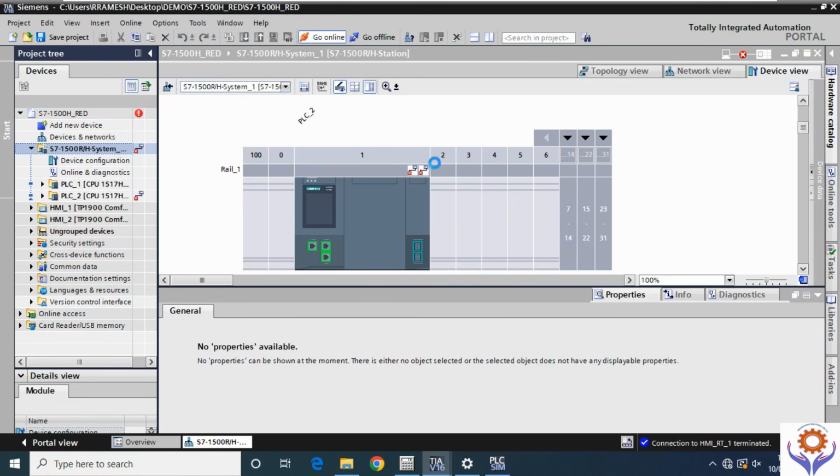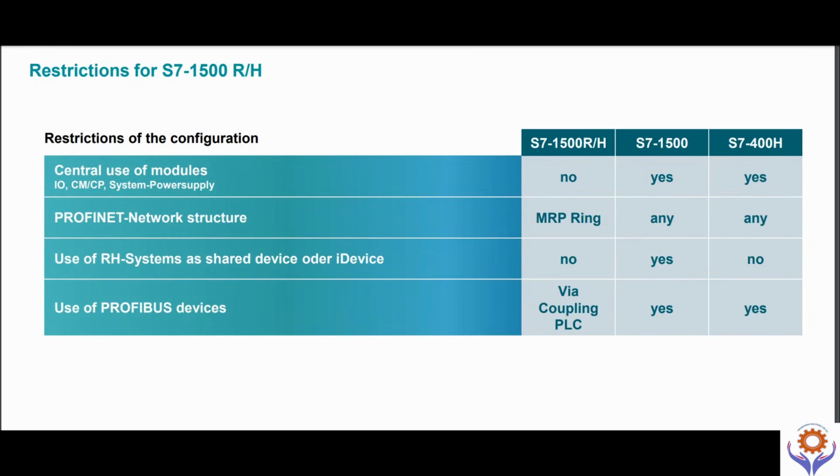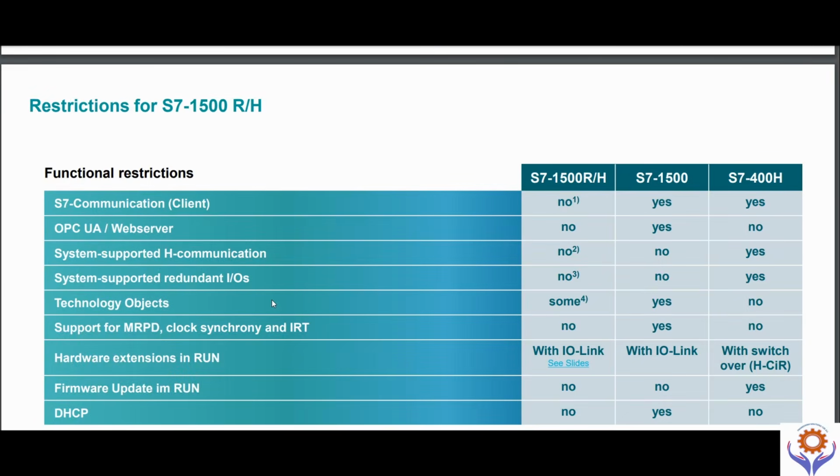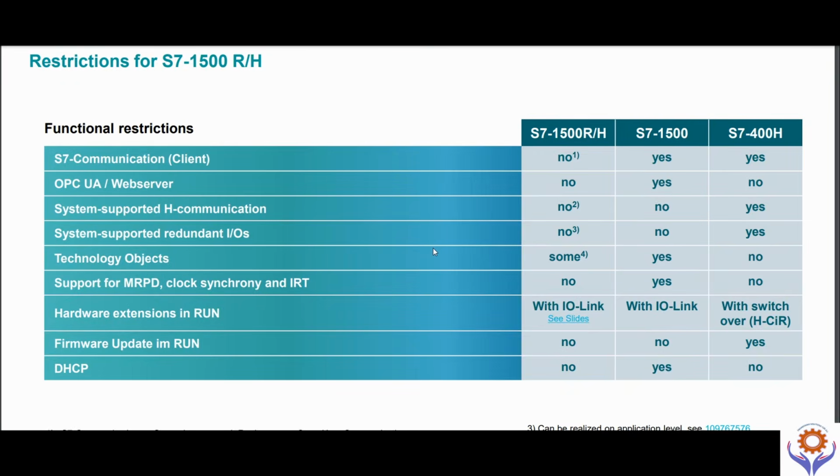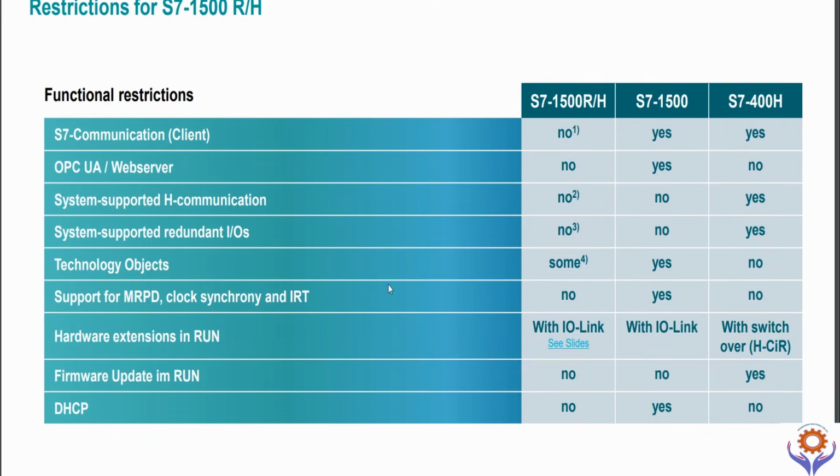Now we'll move to the next part, which is the restrictions for S7-1500. Here, if you see, the central use of modules, I/O, communication modules or system power supply for redundant or high availability: there is no redundant and high availability. And for the S7-1500R/H, there is redundant, yes, hot standby, yes, and for Profinet you can find the MRP ring for redundant, and for others you can use any one of them.